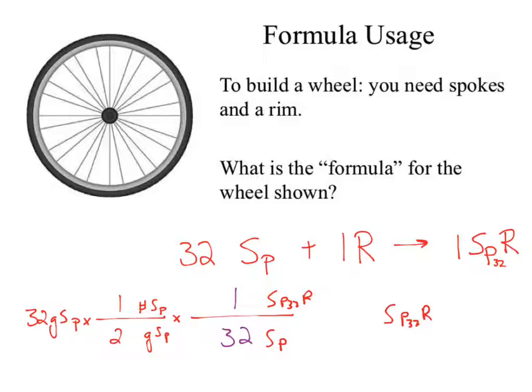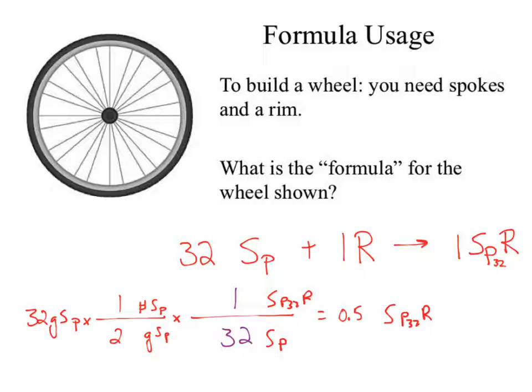What becomes a problem now when we look at our answer? It's only half a wheel. This says I only get half a wheel. Everybody see that? Or 0.5 wheels. That's really problematic. We can't do that.